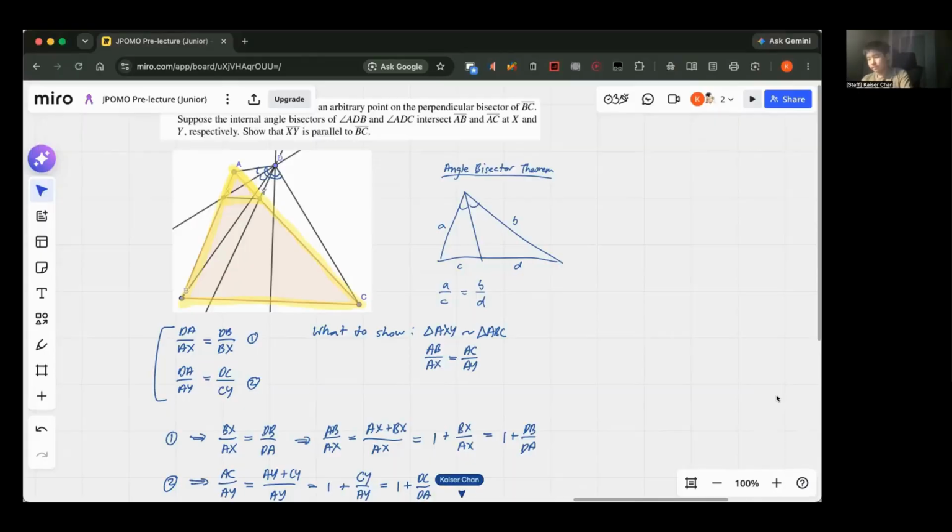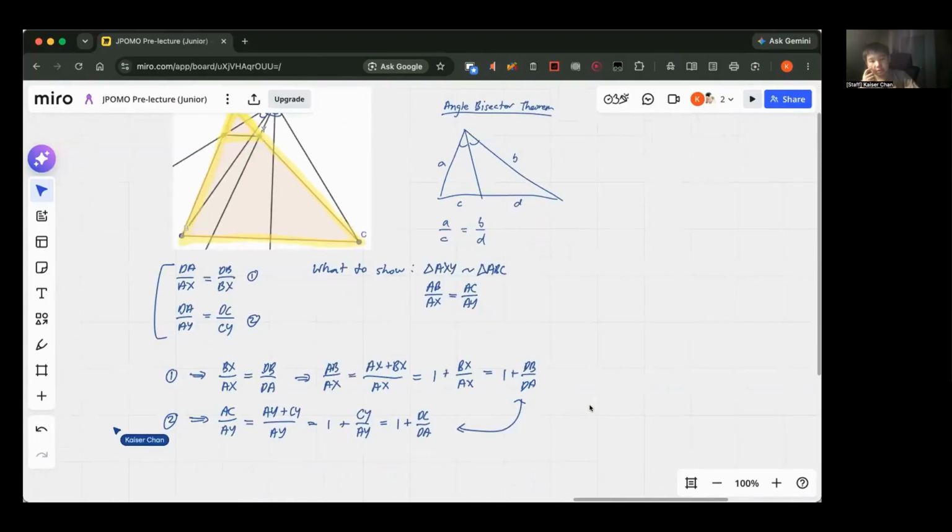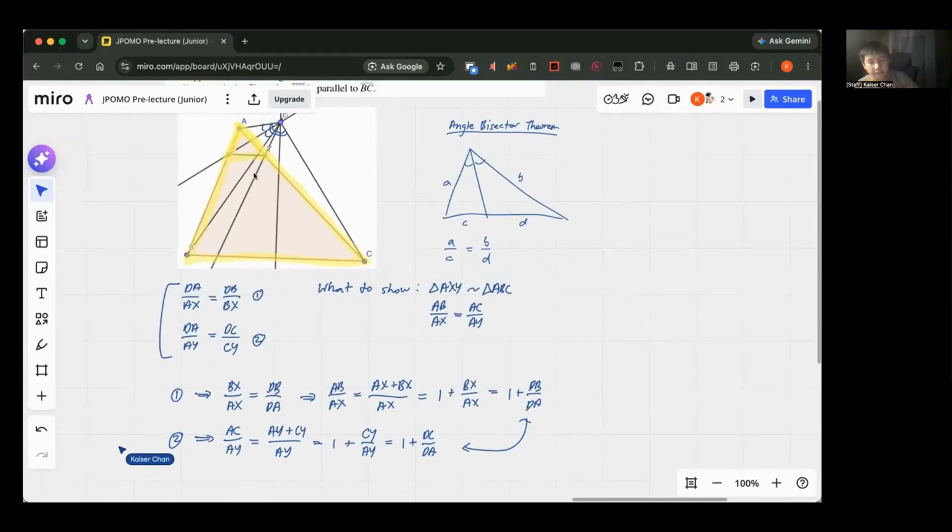Now we want to find a way to link these two expressions, so that we can ultimately say that AB over AX and AC over AY are equal. The way to do this is to notice, you can also check from the diagram, that DB indeed equals DC, right?